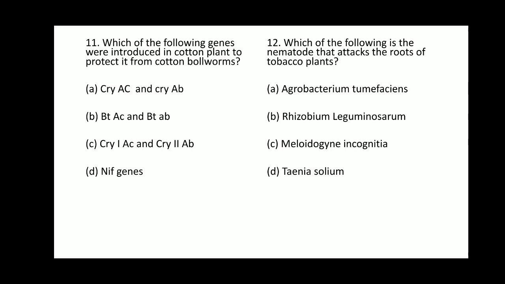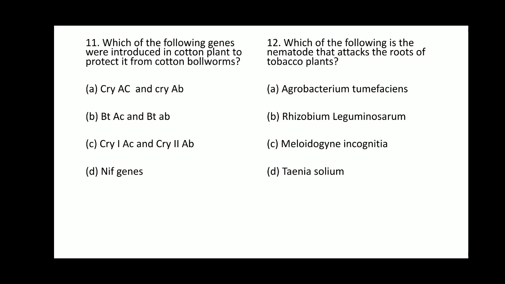Question number 11. Which of the following genes were introduced in cotton plant to protect it from cotton bollworms? Option A, CRY-AC and CRY-AB. Option B, BT-AC and BT-AB.